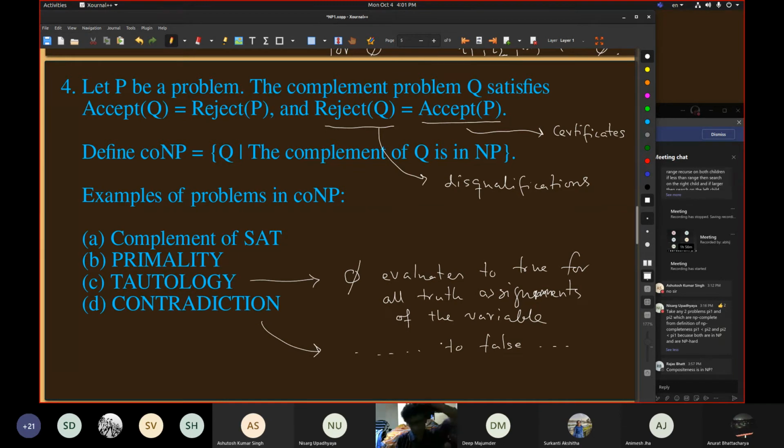So why are tautology and contradiction co-NP problems?